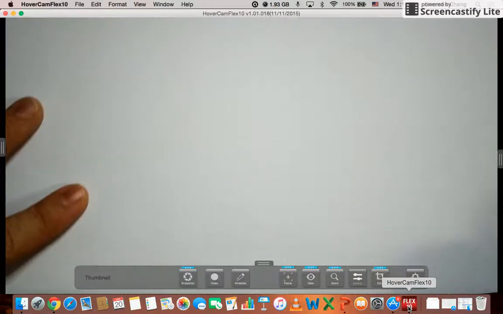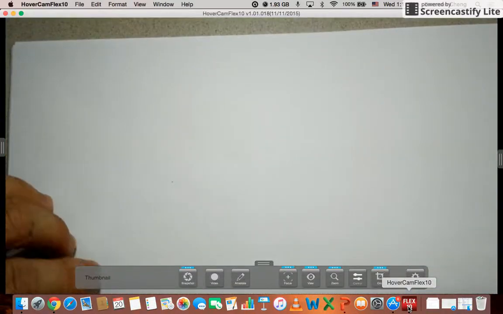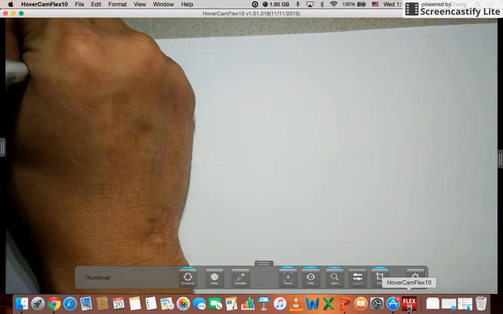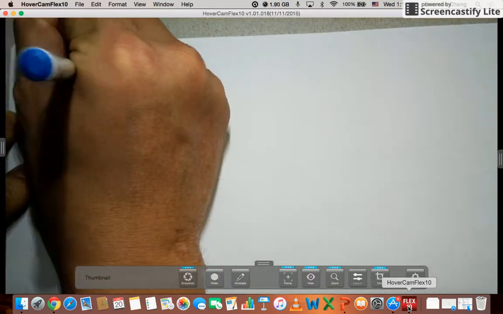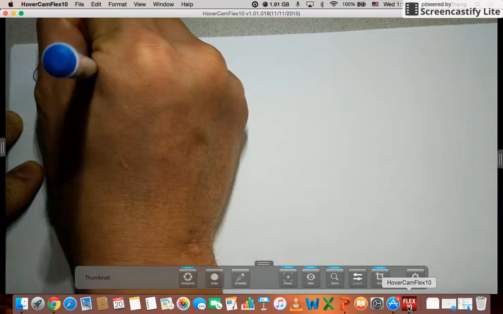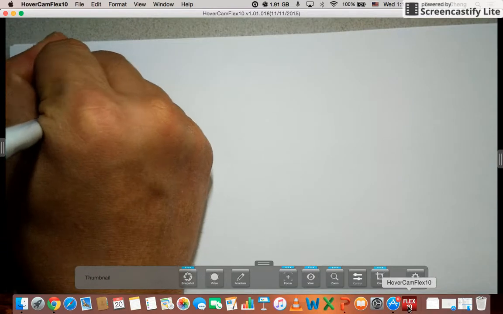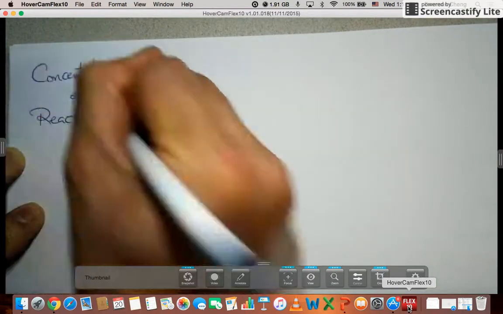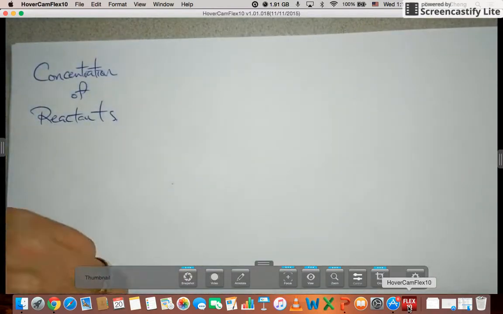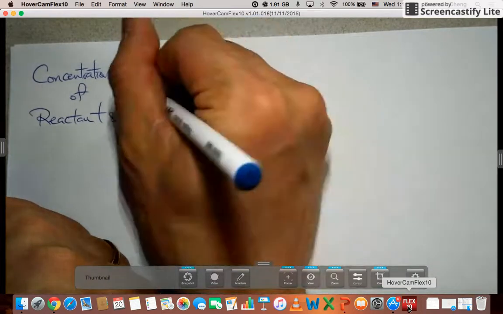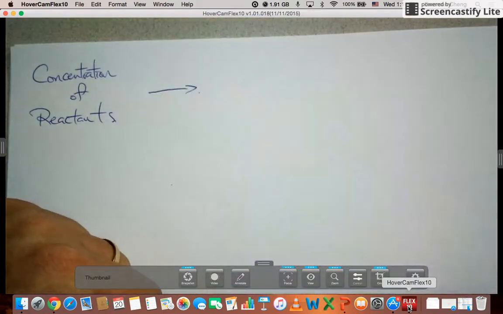Now, another one, so rather than surface area, another one is concentration. Concentration of reactants. Now, in the textbook, as well as my demonstration to you guys, would be like this.